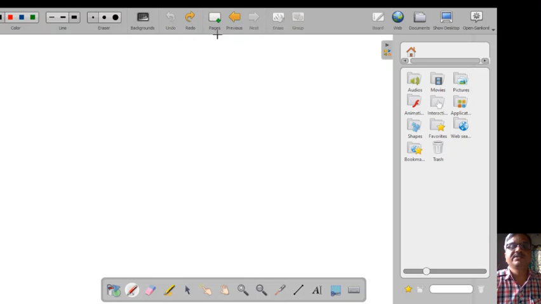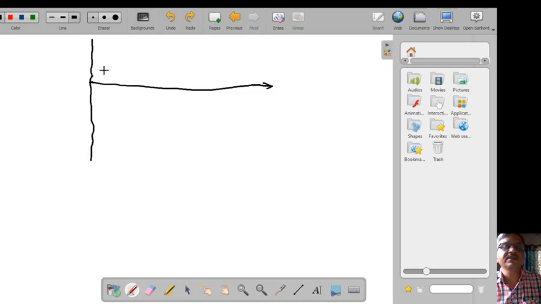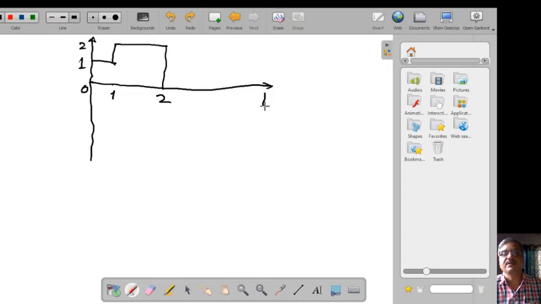So I will redraw this signal once again. This is the signal given to us. Let's say this is 1, this is 0, this is let's say 2, this amplitude is let's say 1, and this is 2. And we want to find the mathematical expression of this signal.